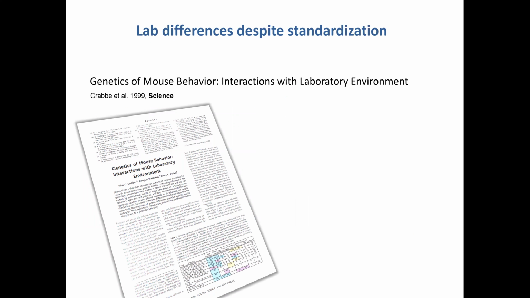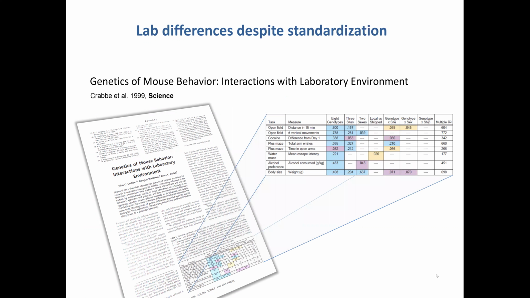20 years ago, this was already very well described in a landmark study published by Crabbe and colleagues, which came out in Science: genetics of mouse behavior, interactions with laboratory environment.